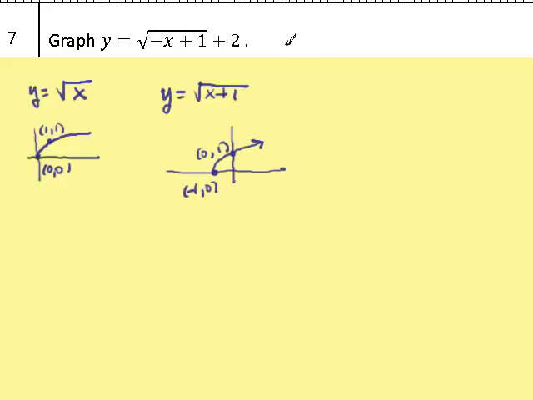Remember, we do vertical last, so next we'll do the reflection, reflect y. From here to here we went left 1. And now we're going to reflect y. That involves replacing x with minus x. Here's the y-axis. We're just going to take this graph and reflect it through the y-axis.